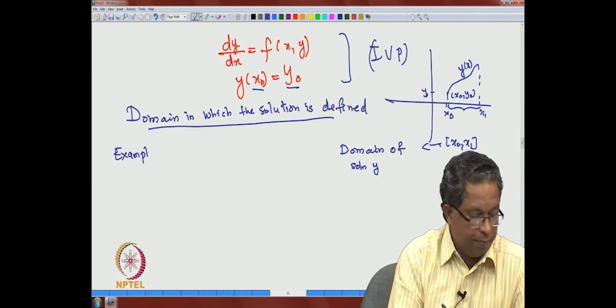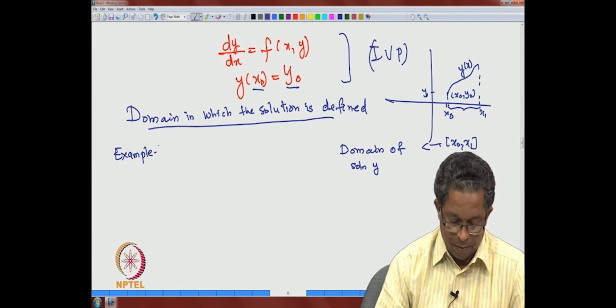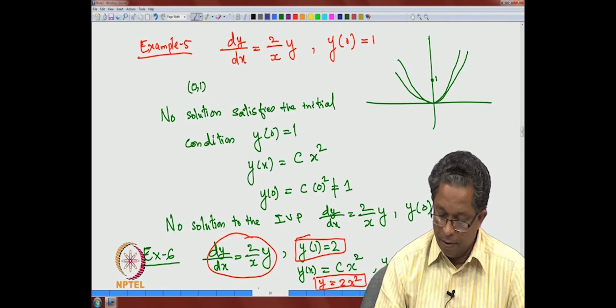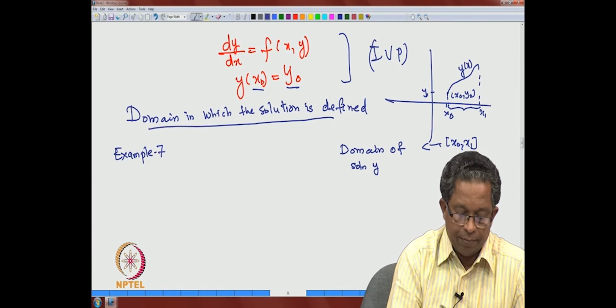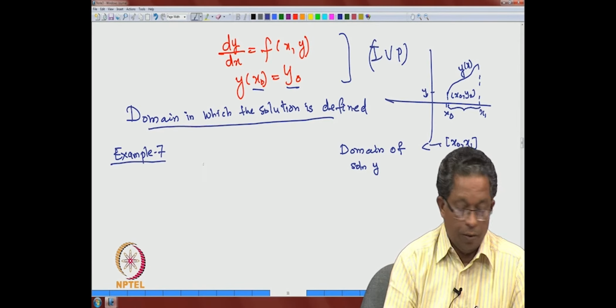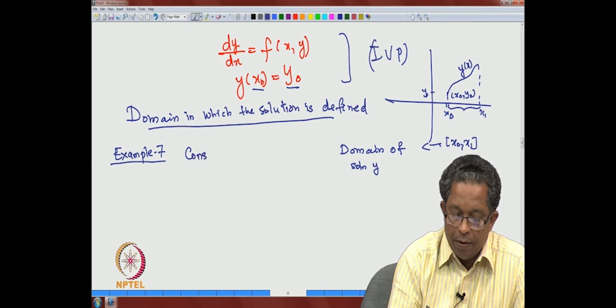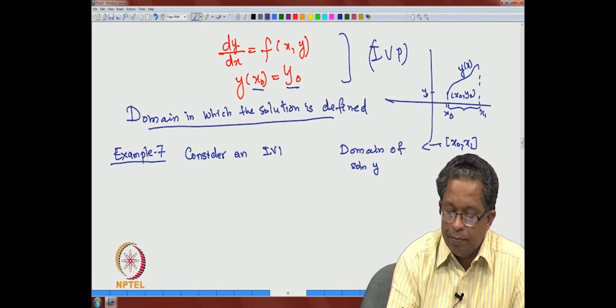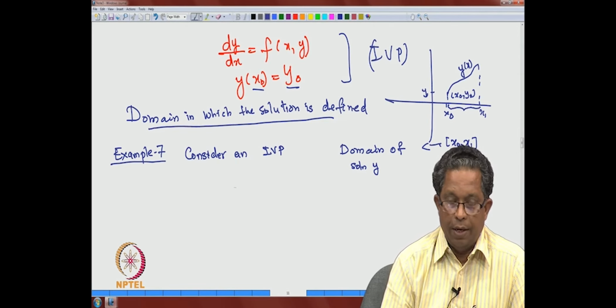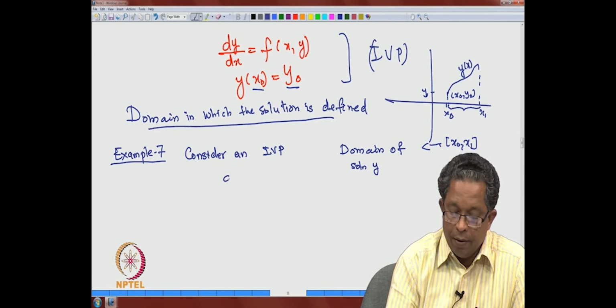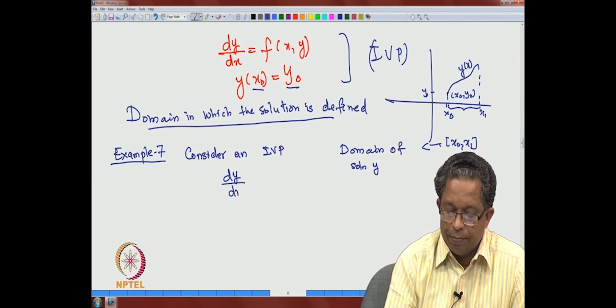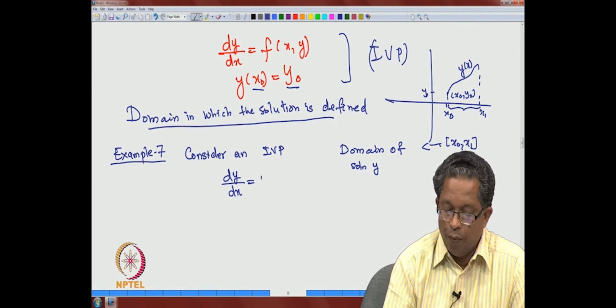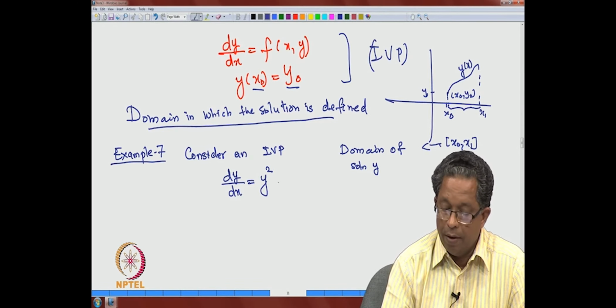Example 7. So, consider an initial value problem given by dy by dx is equal to y square, and initial condition is y at 0 is equal to b, a positive number.